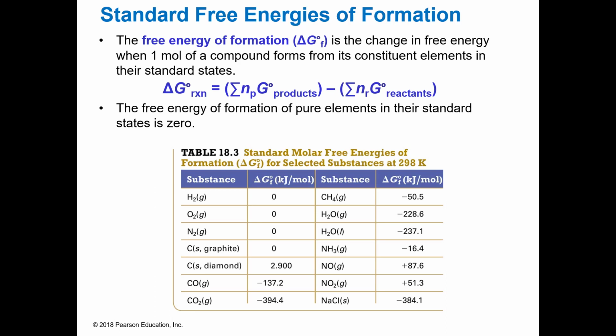So that's why their standard Gibbs free energy of formations are equal to 0. That would be the same thing for the delta H of formations, the standard enthalpy of formations. They would also equal 0 as well. So that's what you got to remember, is that energy, we have to have a reference point, and we have defined a reference point to do these calculations.